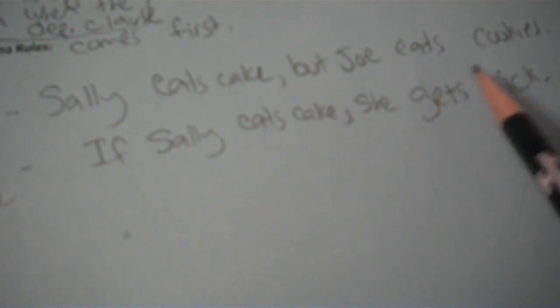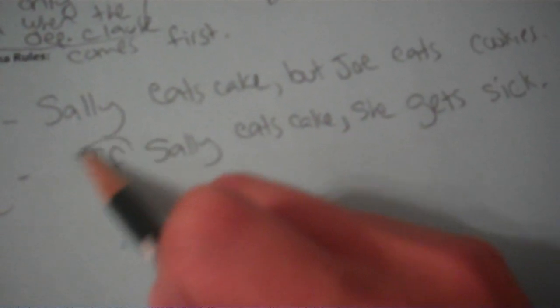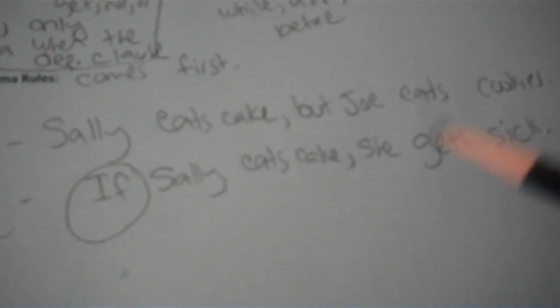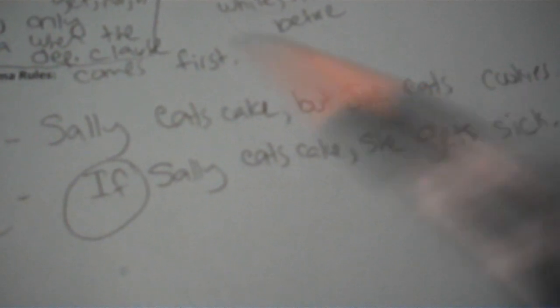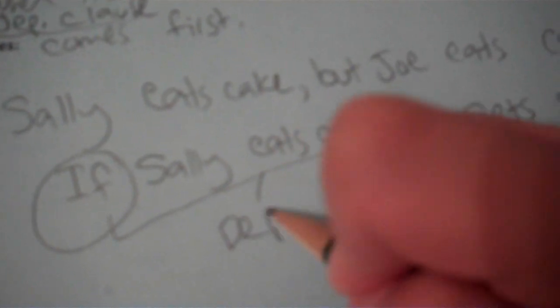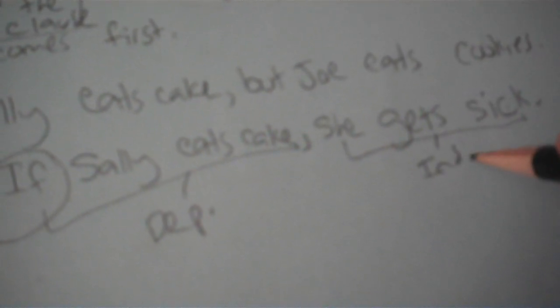Here, my dependent clause comes first. You know your dependent clause comes first because it starts with a subordinating conjunction. So just a reminder, you know you have a dependent clause if it starts out with one of these conjunctions. So here's your dependent clause, and here's your independent clause. So because your dependent clause comes first, you need a comma.